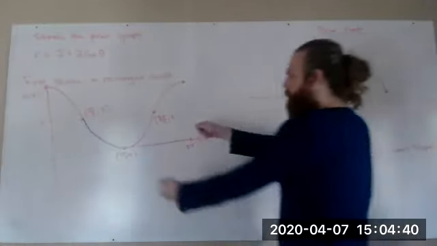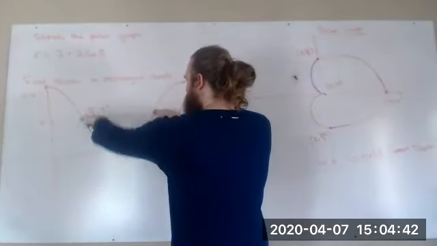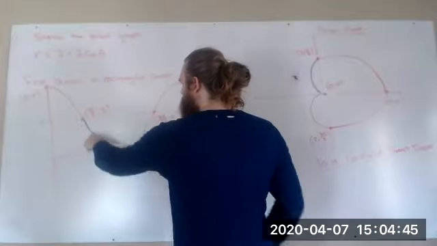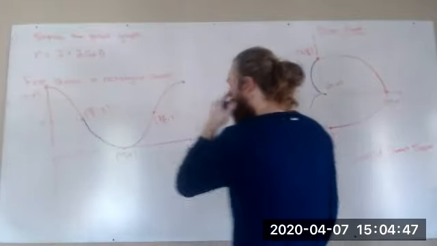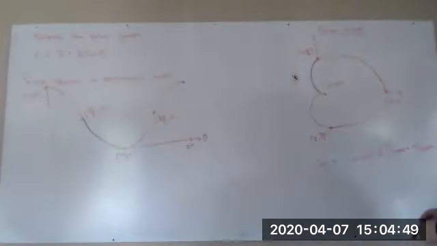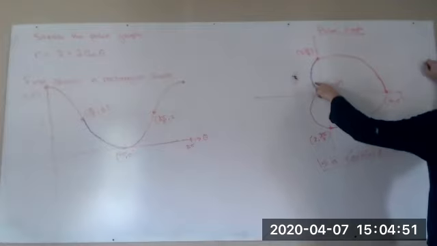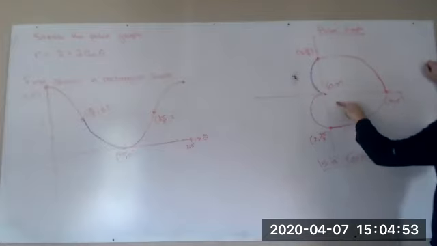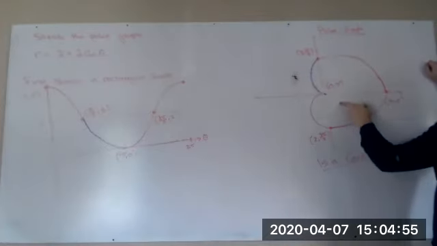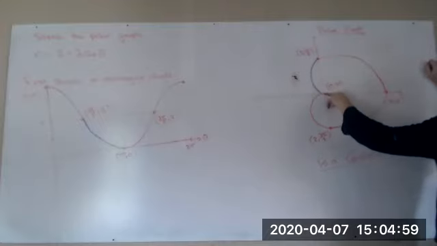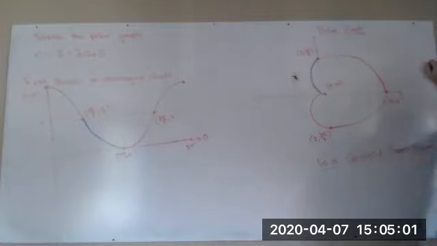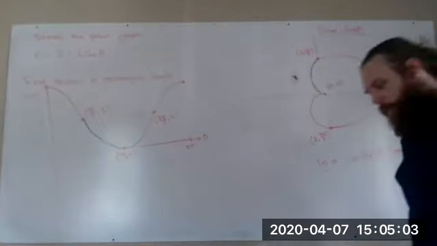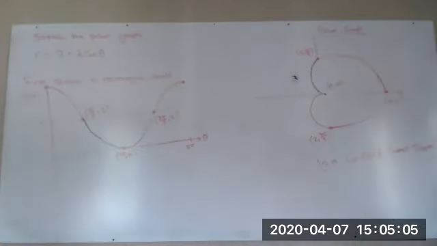If I move this whole thing down by 1 so that a meaningful chunk of this blue part was below the x-axis, that would correspond to some of these points needing to be reflected through the origin, which is going to put them over here in quadrant 4. And all in all, it's going to generate a weird little loop inside there. So instead of having the pointy heart, you have a pointy heart shape with a little loop inside.